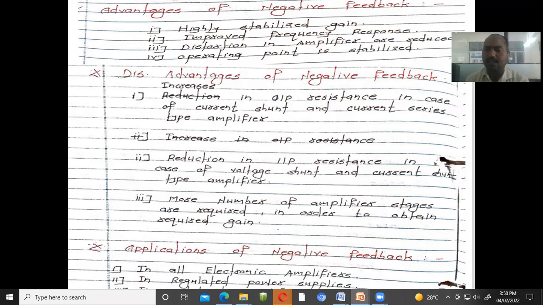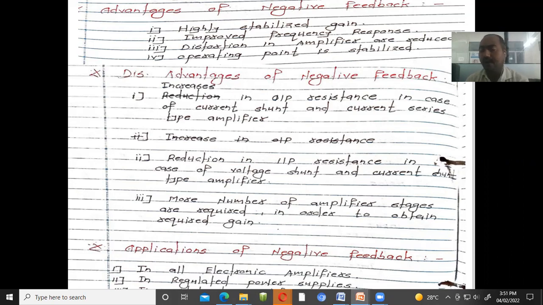So changing indicates that it may sometimes be 11, 9, 10, that will happen. But if we use negative feedback, in that case, that should not be changing. So whatever the frequency, that should be improved, meaning it does not change. This will happen. Then distortion in amplifiers is reduced.